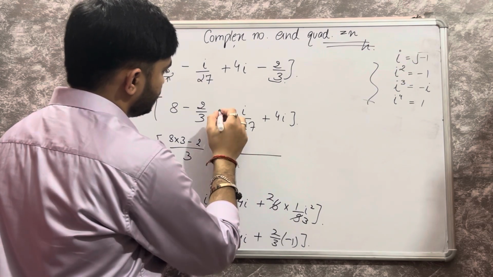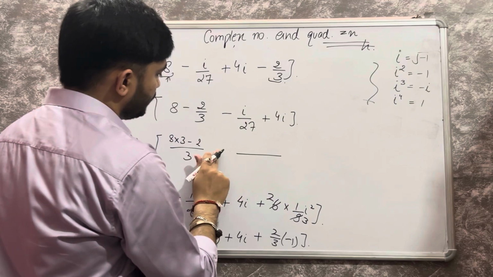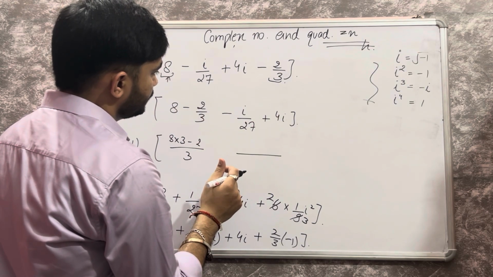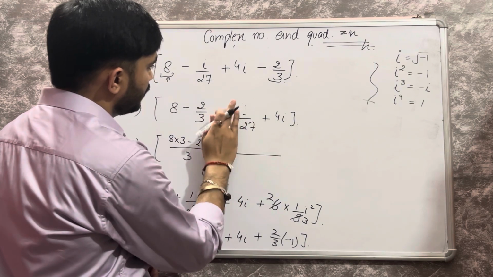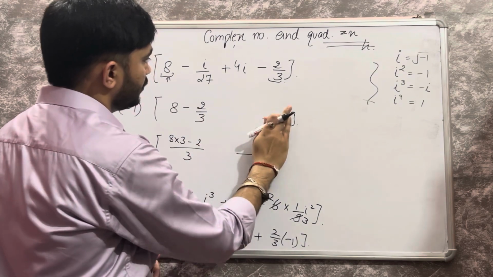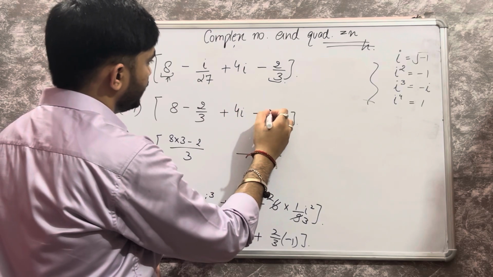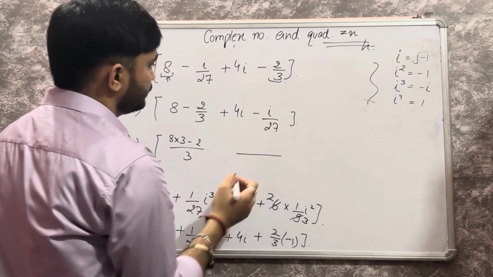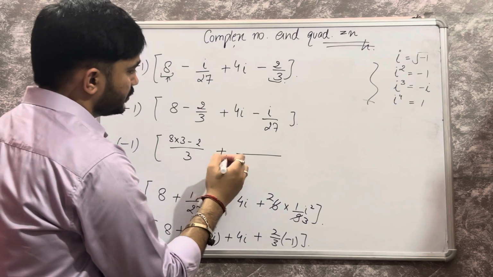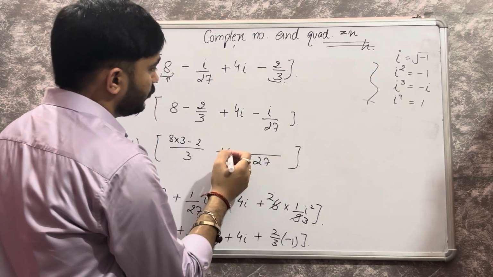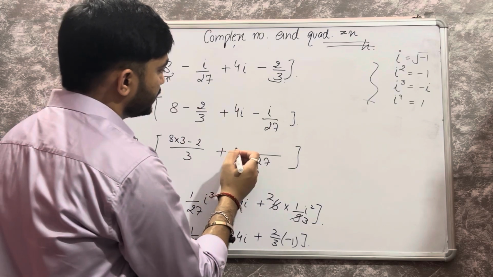Not plus here, we take minus here. Write 4 iota first and then minus iota by 27, plus take the LCM, 27 will be the LCM, and 4 into 27, what is 4 into 27?